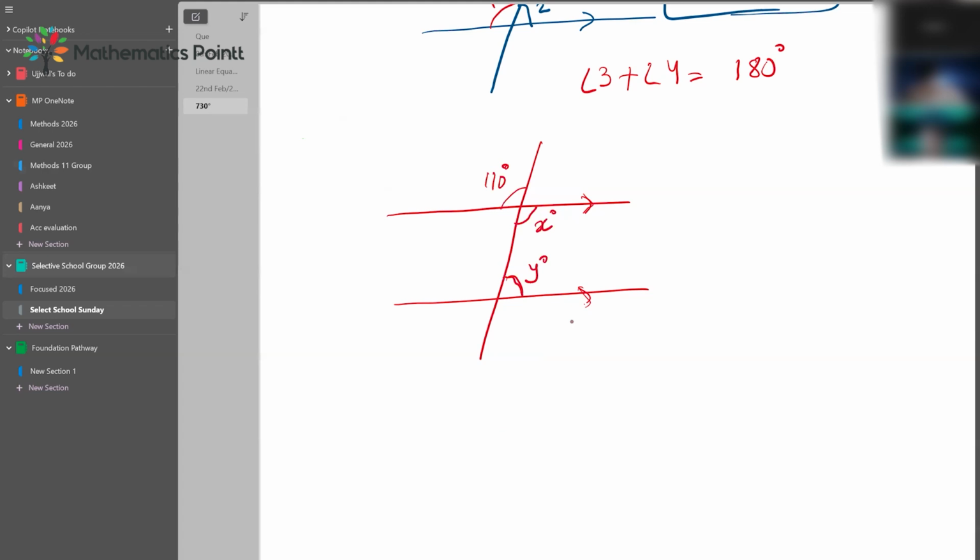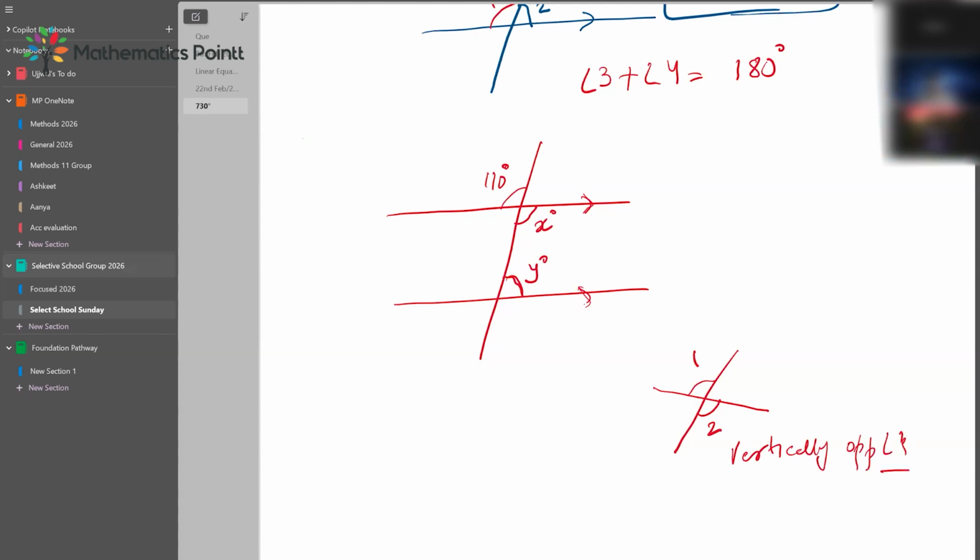All right. Last week, I told you that if you have this kind of scenario, then this angle is equal to this angle. Angle 1 is equal to angle 2. What are they called? They're called vertically opposite angles.